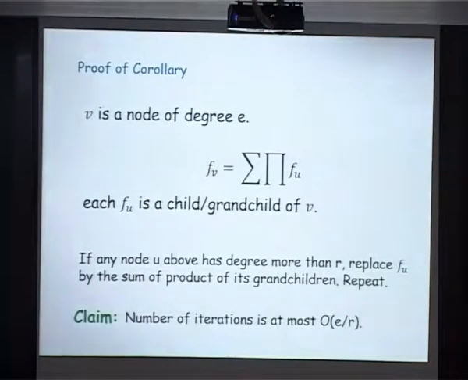If V is a plus node, write it as a sum of products of grandchildren. If V is a times node, there's one summand only, which is a product of its children. You could always do this, and the number of summands here initially is at most s squared, where s is the number of nodes in the circuit, because any node has at most s children, s squared grandchildren, in general.